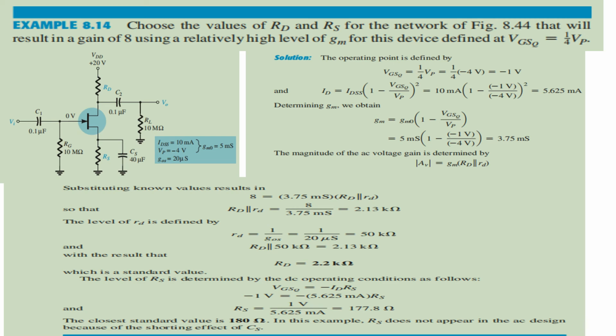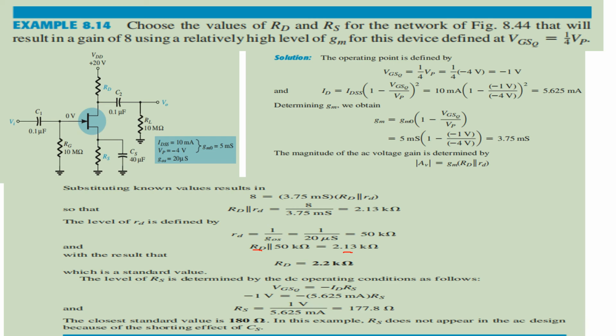So after finding out small rd, the dynamic resistance, you find out the drain to source resistance Rd. Select a suitable value which is closer to this. So it is 2.2 kilo ohms.